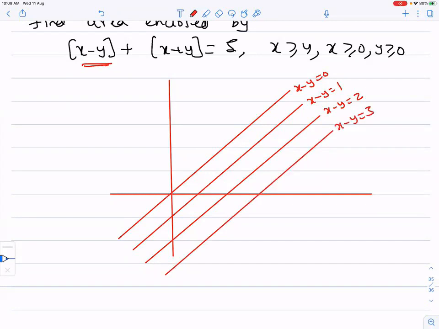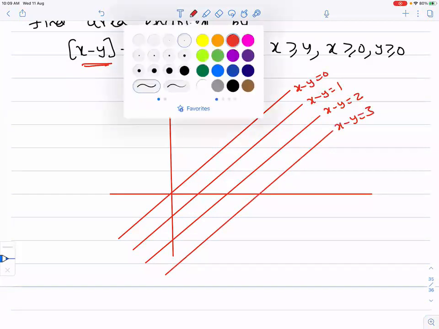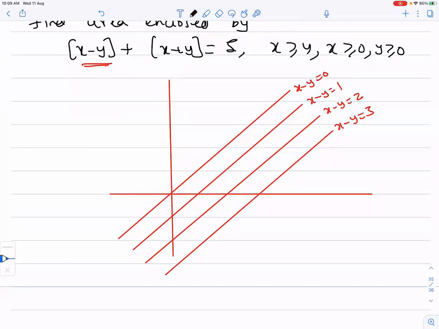Now from x plus y front, we know things are going to be positive. Correct? X is greater than 0, y is greater than 0. See, I'm going to draw a line. This is x plus y equal to 3.